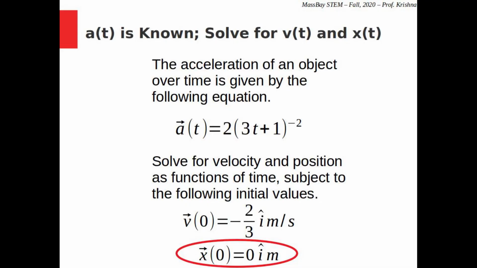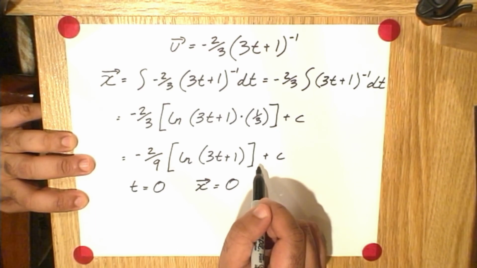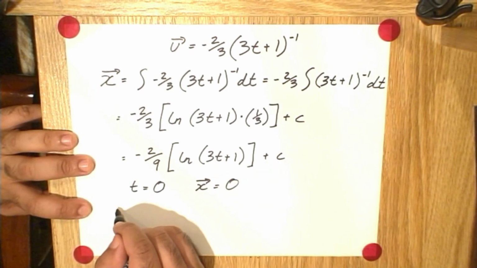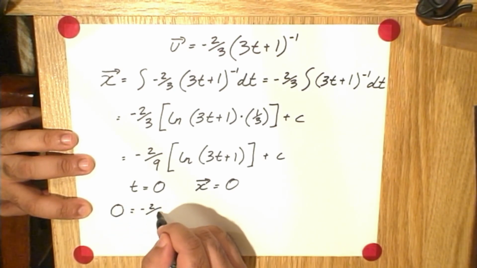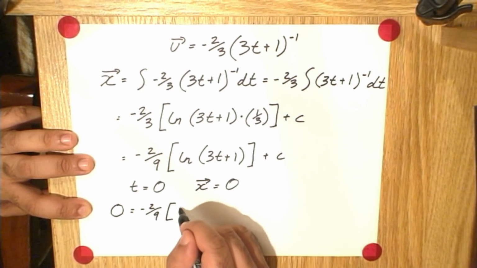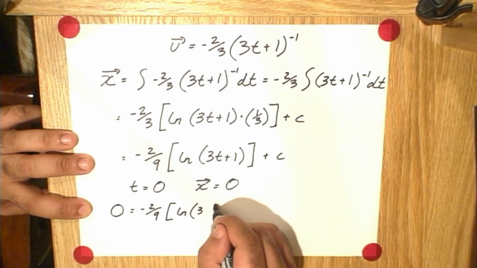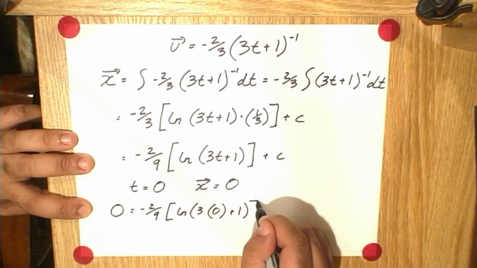plus c. So when the time is equal to 0, we were told that the position was also equal to 0. So now that we've solved this antiderivative, we just need to figure out what c was. So x plus 0 is equal to negative 2/9 times the natural logarithm of 3t plus 1.